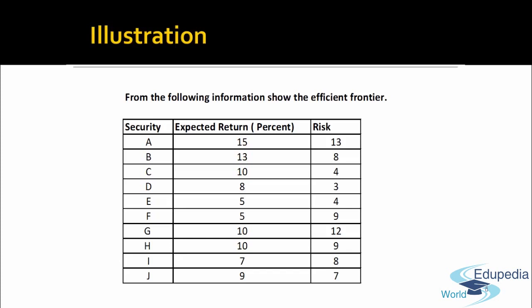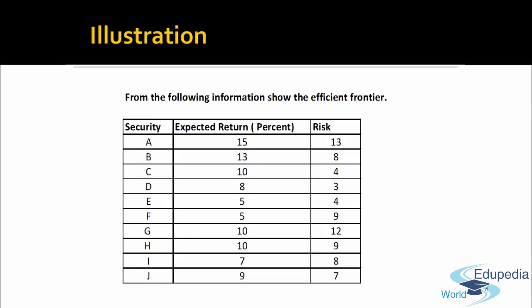So any security which is providing a return higher than 10%, and a 10% return with a risk of less than or equal to 4%, is selected. Securities earning more than 10% are security A and B, so security A and B will be selected. We choose C because at 10% it is giving the minimum risk as compared to G and H. So security C is selected.